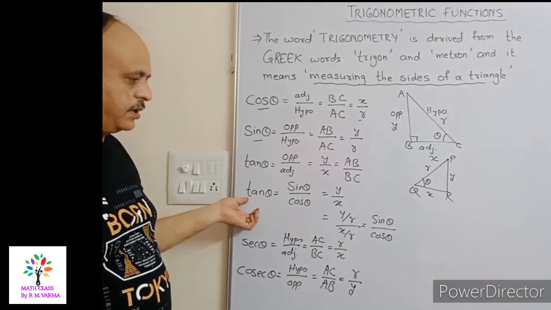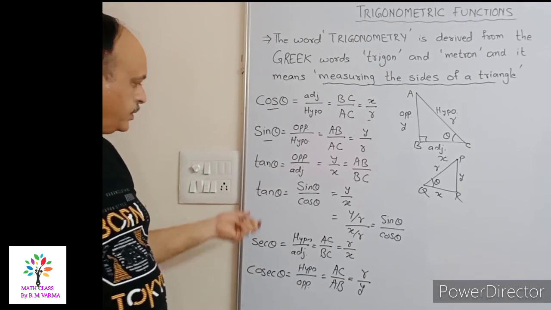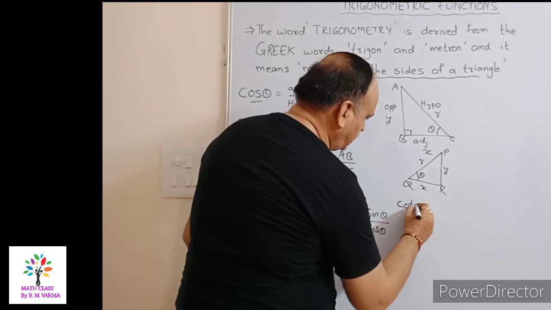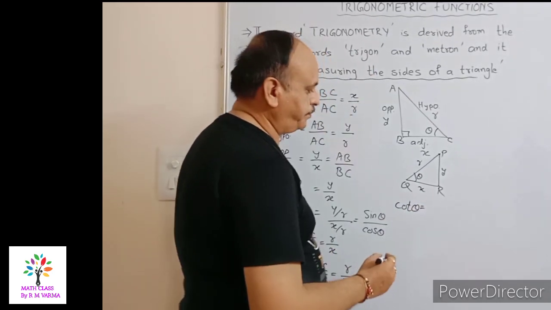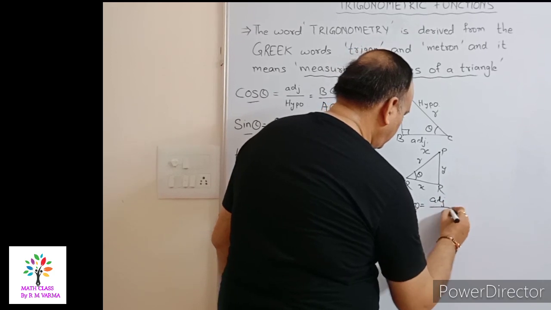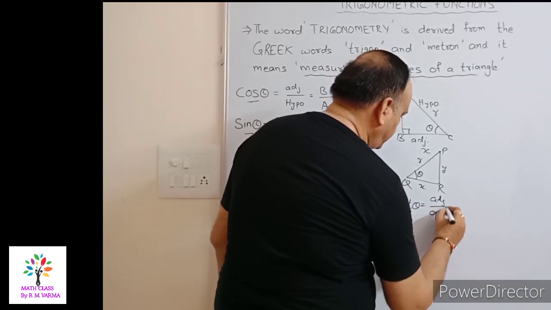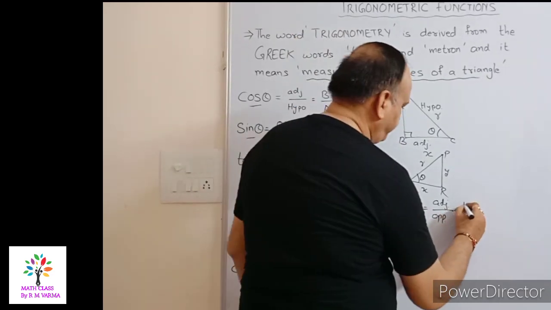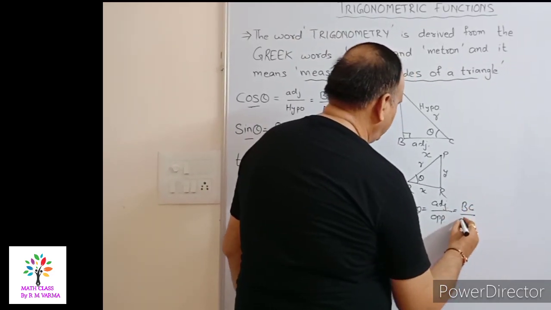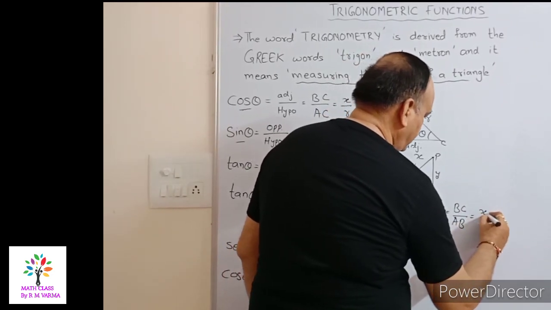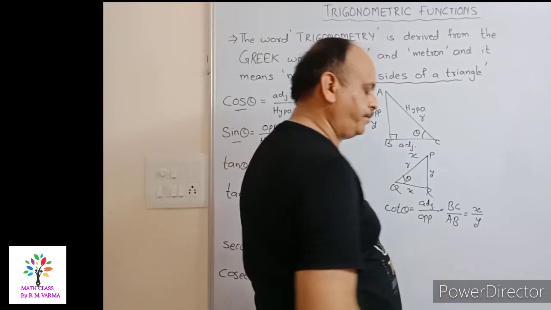Now as we have got tan theta, we can find out cot also. So from this I will get cotangent or cot theta. Cot theta equals adjacent upon opposite side. Adjacent is BC, opposite is AB, which can be written as x upon y.